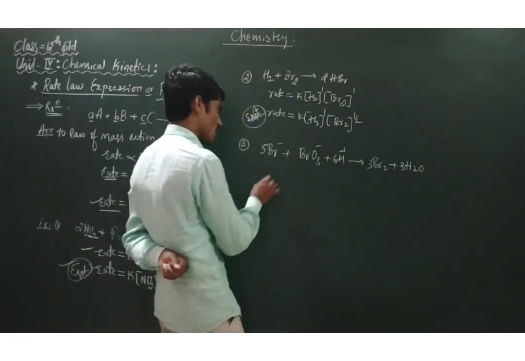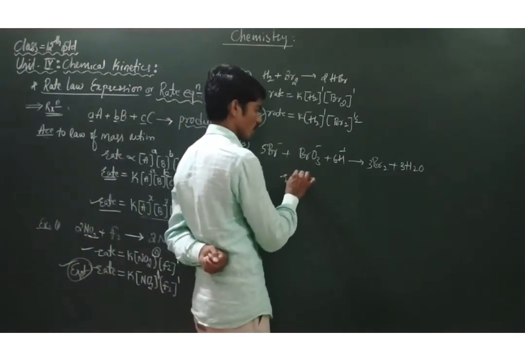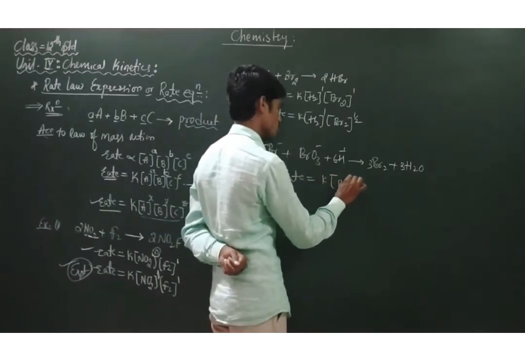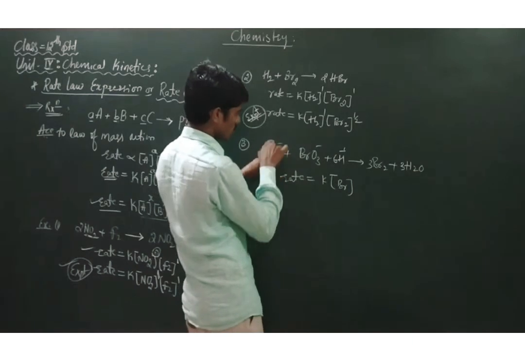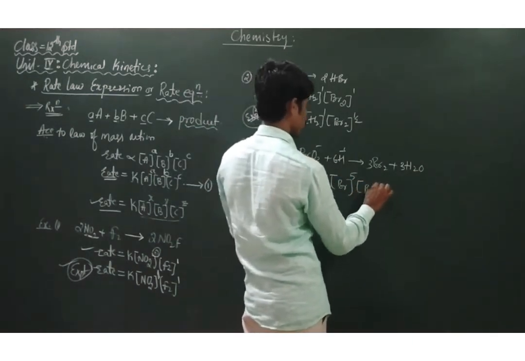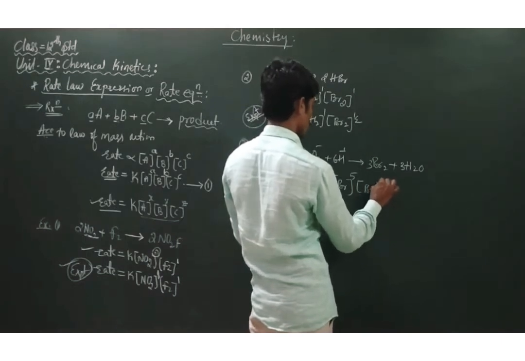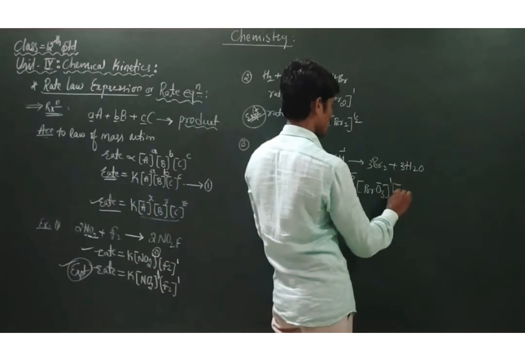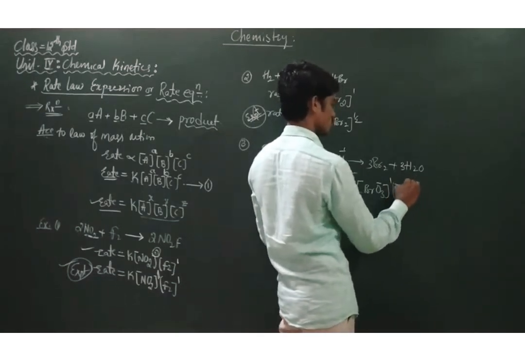So according to the law of mass action, you are going to write the rate expression as rate is equal to K into concentration of Br minus, with stoichiometry 5, to the power 5, into concentration of BrO3 minus to the power 1, and into concentration of H plus to the power 6.